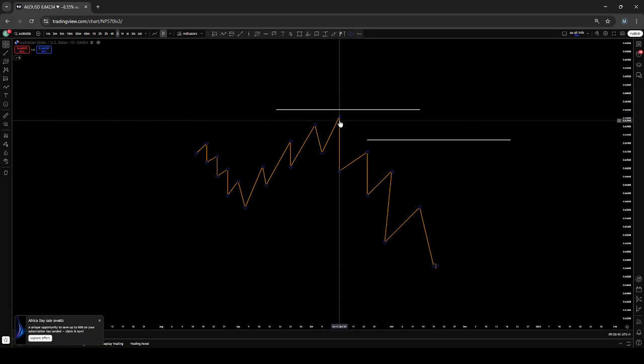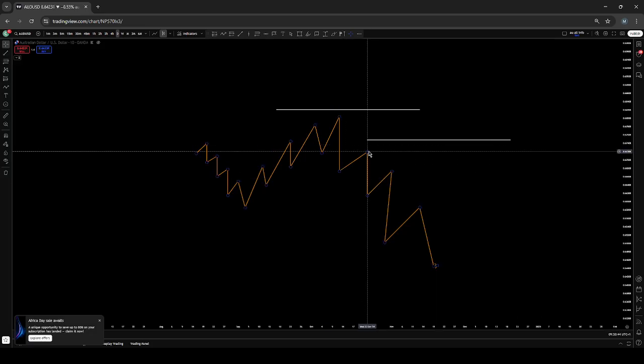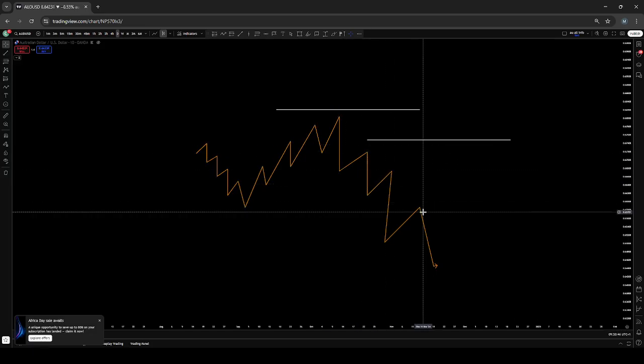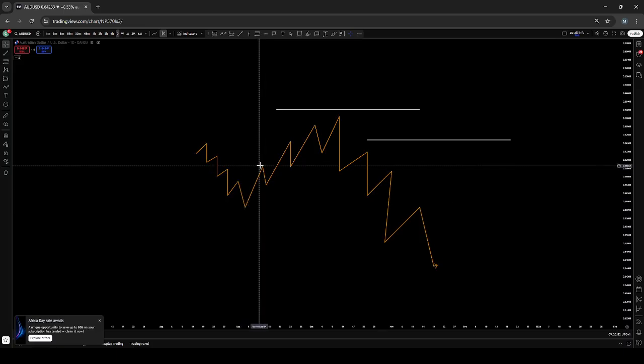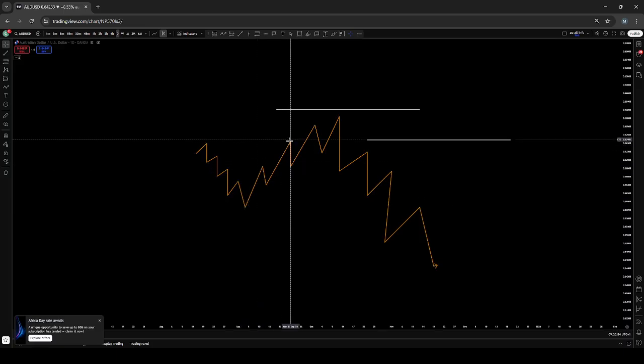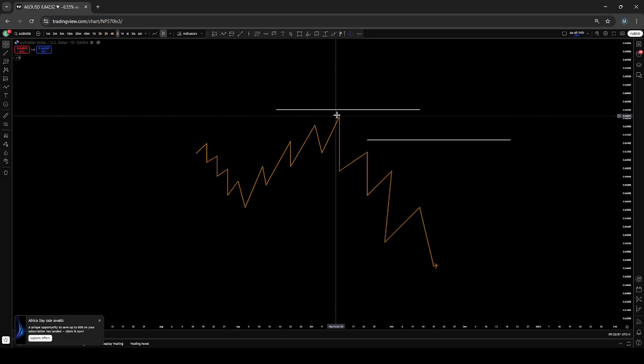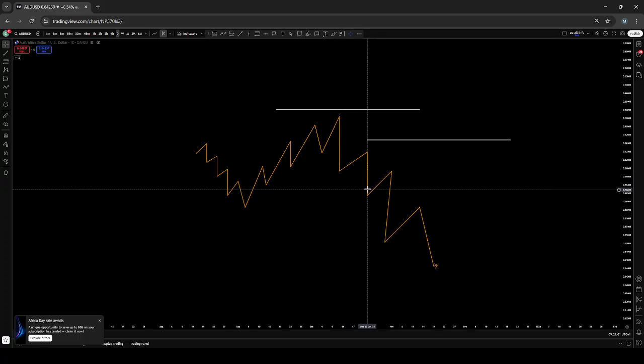You should be selling, right? So you start selling from this high, from this high, from this high. Similarly, your job is to know that you should sell at this high, sell at this high, sell at this high, sell at this high, and then you switch, start buying low, buying low, buying low.